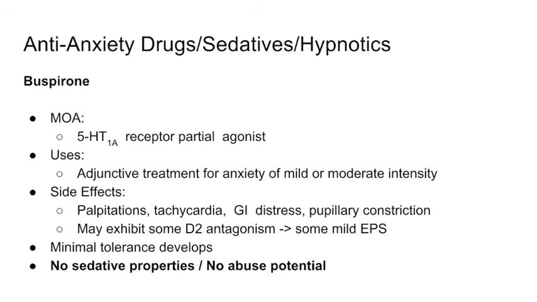Then they'll feel as though buspirone doesn't have much of an effect because it doesn't sedate them as much. Now, I speak in generalities. That's not true all of the time. I've had a lot of patients who've had a lot of success with buspirone, but just something to consider.